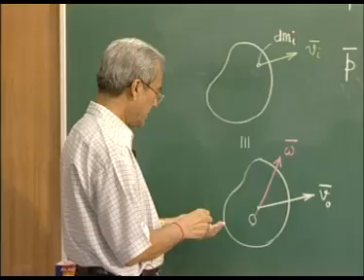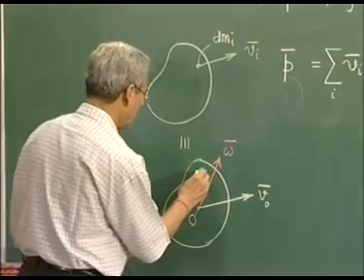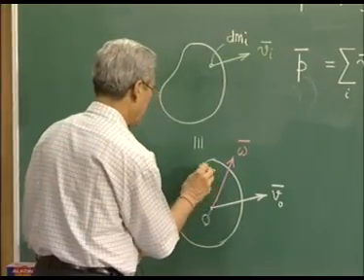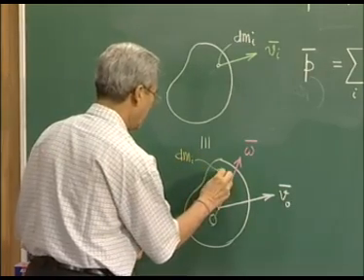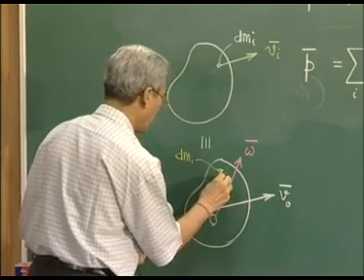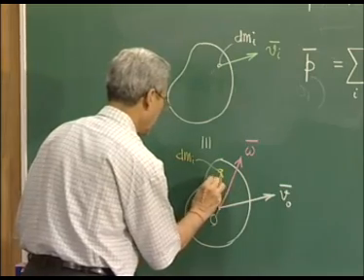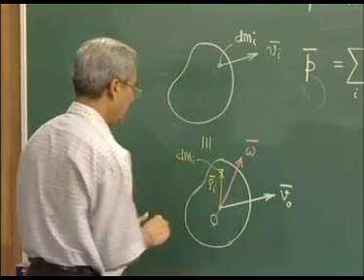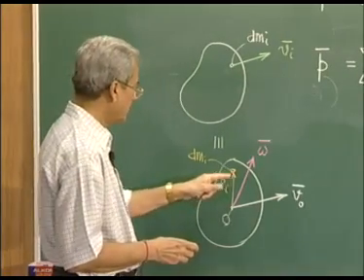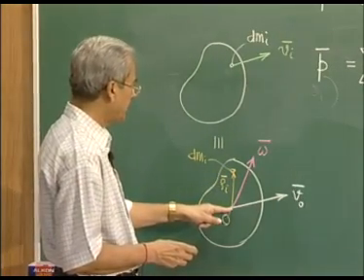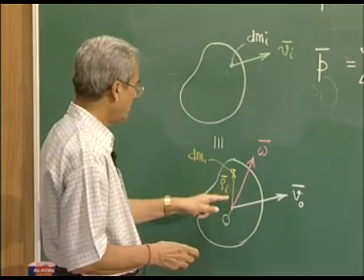If this be the case, then a particle of mass dmi at a location from this fixed point, say rho i vector, then we know that the velocity of this with respect to this point is given by omega cross rho.